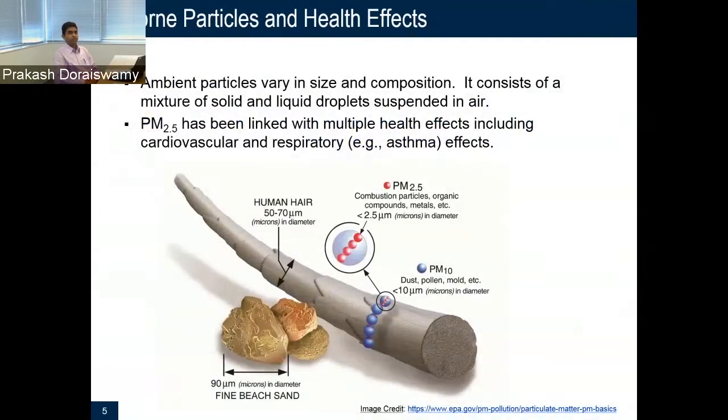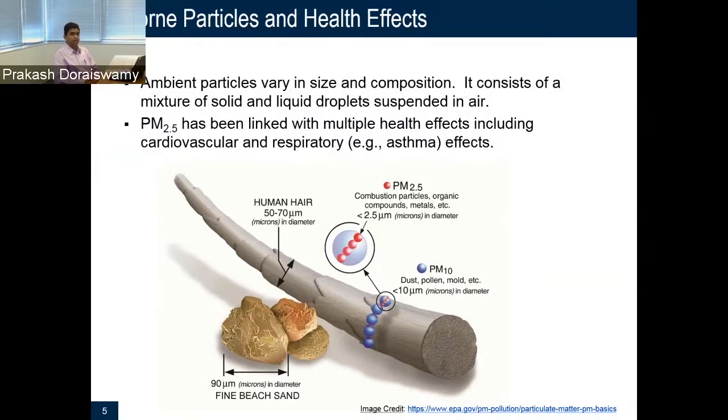So why are we even worried about air quality? Ambient particles, we are going to focus mainly on the particles in this webinar. So ambient particles come in various size and composition. It consists of a mixture of solid and liquid droplets in air.